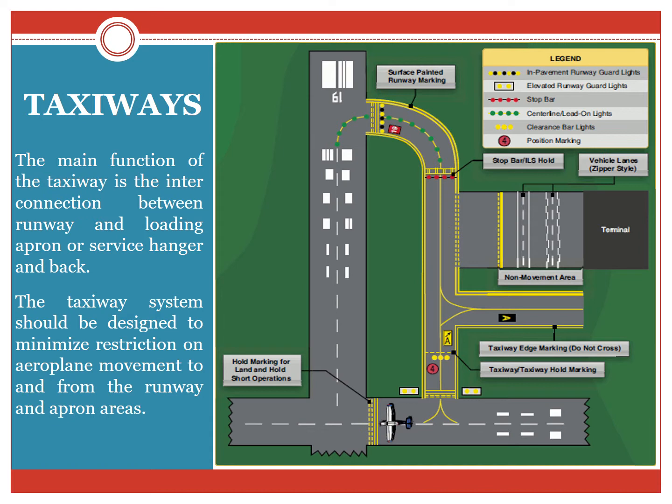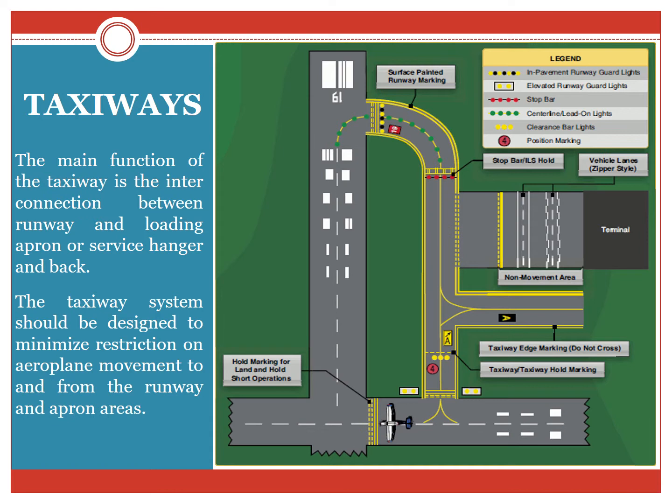The taxiway system should be designed to minimize the restriction of aeroplane movement to and from the runway and the apron areas. A properly designed taxiway should be capable of maintaining a smooth continuous flow of aeroplanes and ground traffic at the maximum practical speed.